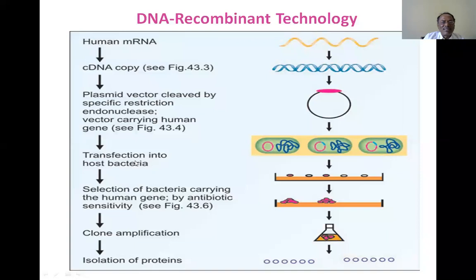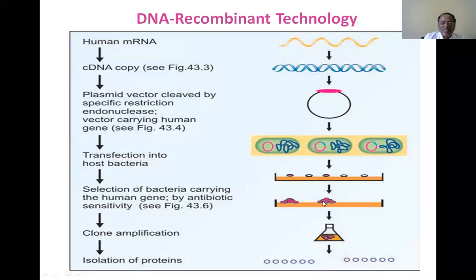This is what is called transfection into host bacteria. The plasmid is able to enter into the bacteria. Then the bacteria carrying the human gene are selected by antibiotic sensitivity, and they are amplified in large quantities.